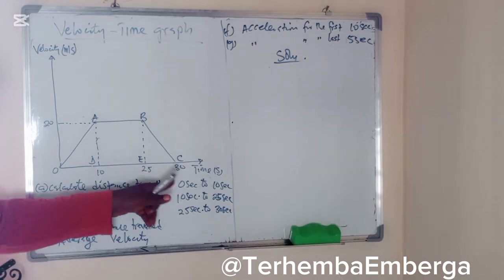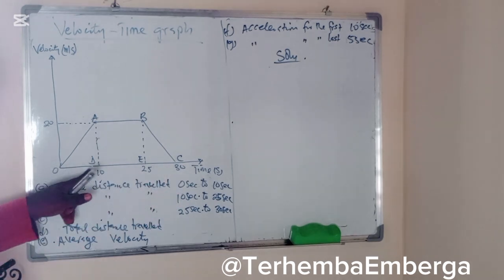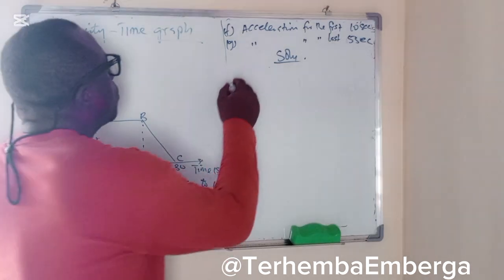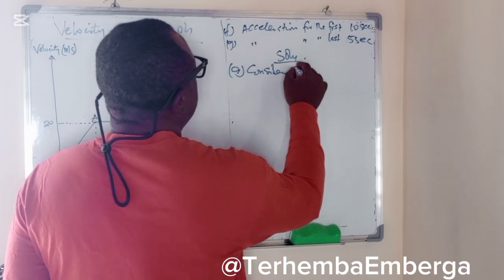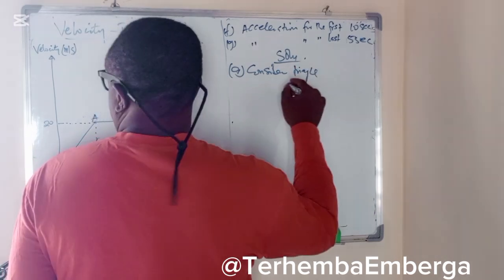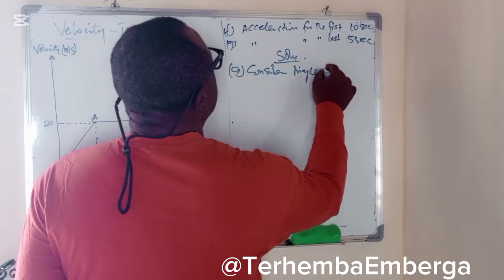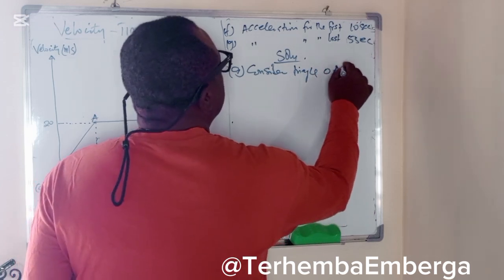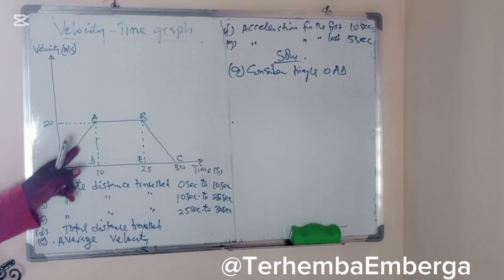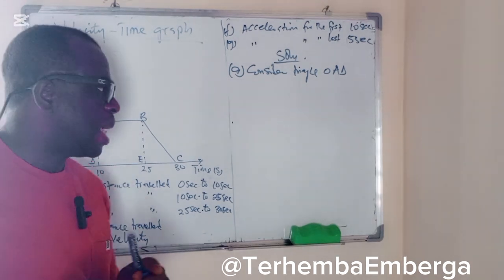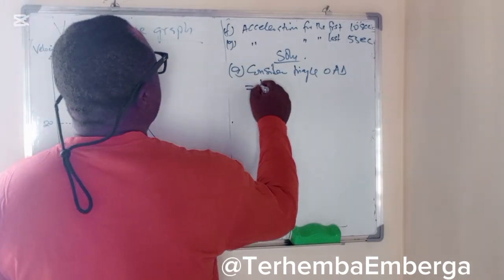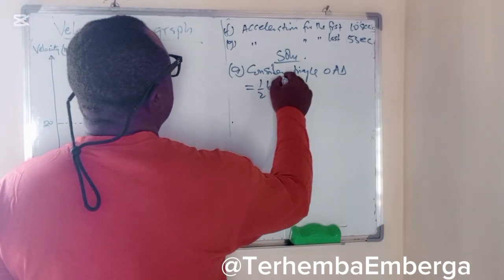Calculate the distance traveled from 0 to 10 seconds. So let's consider triangle OAD. The area of a triangle is half base times height.